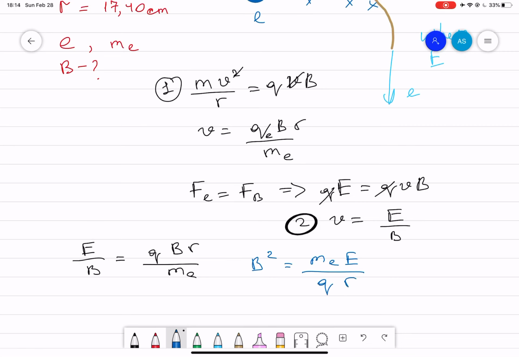That's it. The mass of the electron you can find, the electric field is given, and the charge is given: 1.6 times 10 to the power of minus 19. Okay, so I think this is the final formula or equation where you have to find the numerical value.